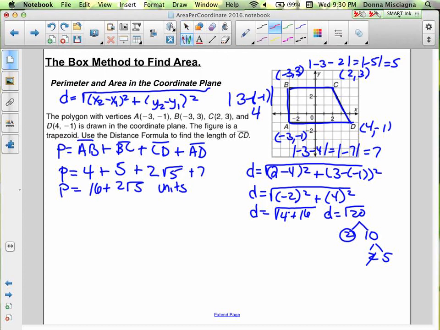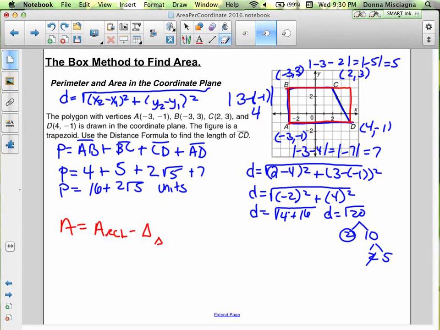This one is a pretty easy box, because this is a vertical line, and you have the vertices right here. So the area is the area of our box, the rectangle, minus the area of the one triangle. That'll give us the area of our polygon.